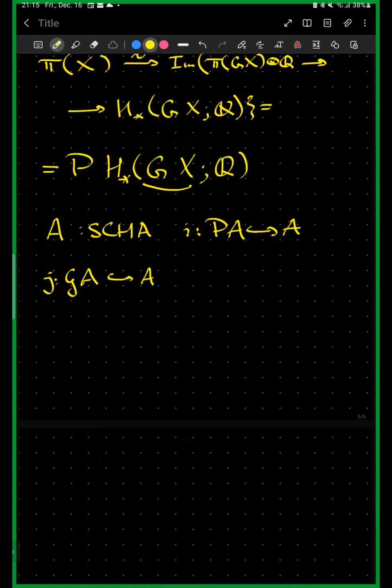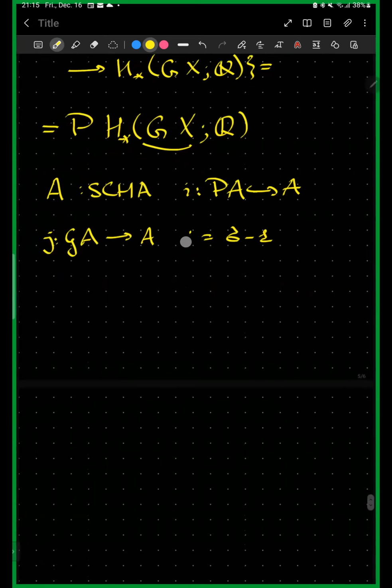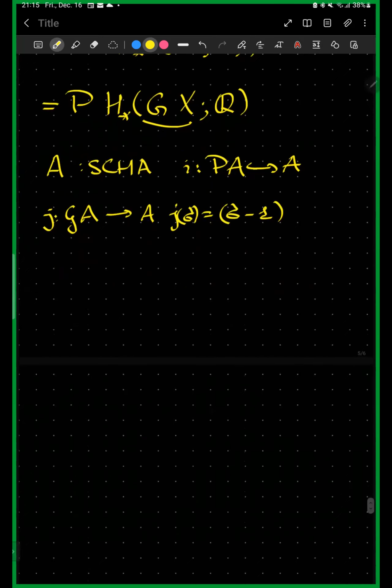Sorry, maybe that's not okay. That's not an inclusion, I'm sorry. That's just a map which is given by J of sigma minus 1.